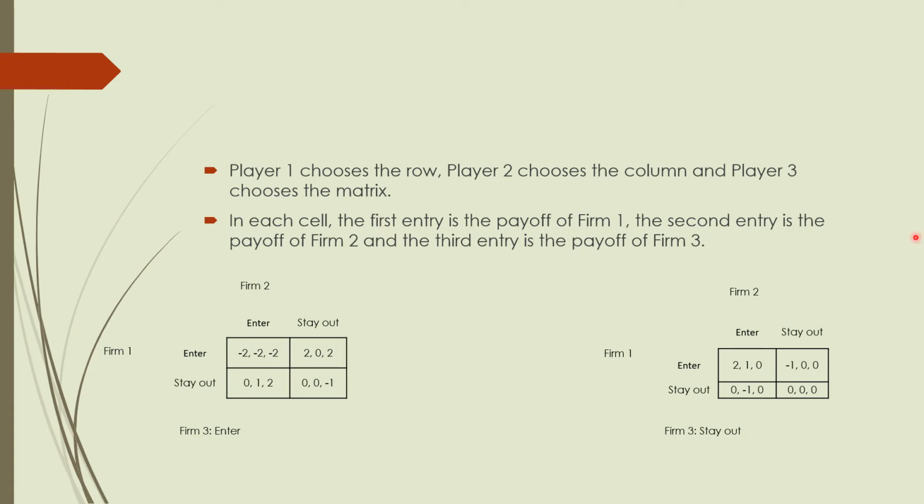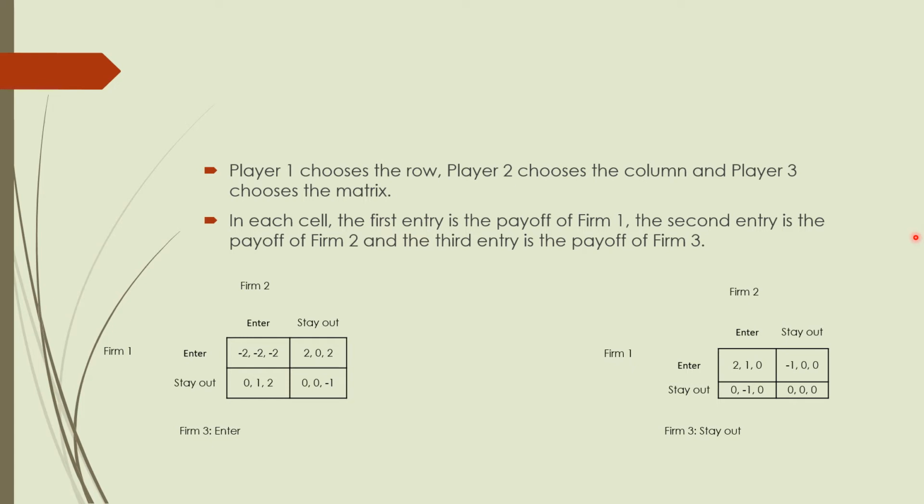Let us consider an example to make sure we can read the payoffs properly. Suppose form 1 chooses to enter and the other forms choose to stay out.